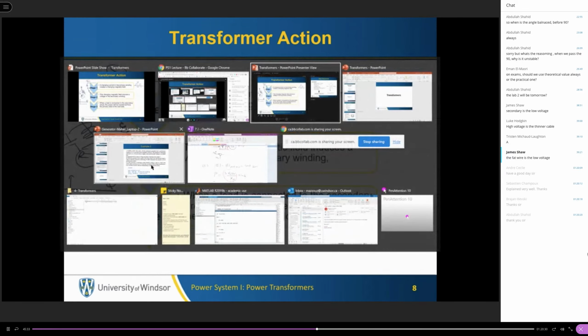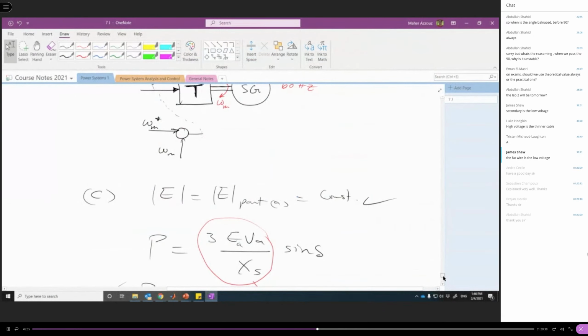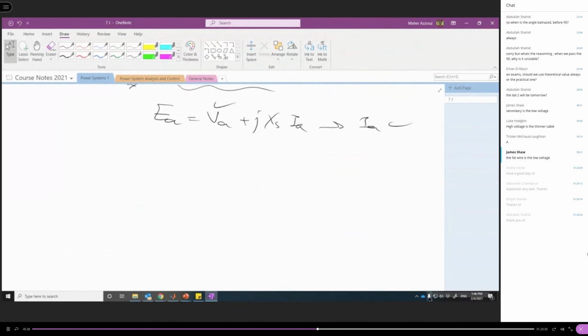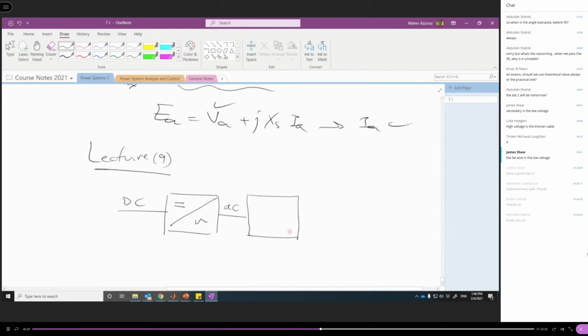If we use power electronics, let me go back to my notes. This is, of course, lecture 9. If you have a DC system or a DC bus, you need a DC to AC inverter, and then the output here will be AC, but this AC can be at high frequency, so we connect here a high frequency transformer.